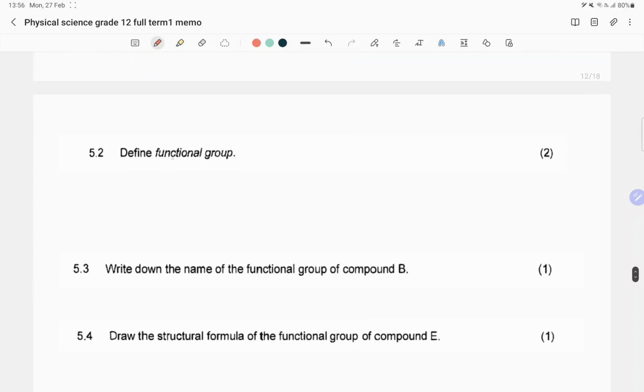Okay, now question is, what is the functional group? Functional group is defined as a bond, right? Because remember, with alkenes, what is functional for alkenes is the type of bond between the carbons in the chain, isn't it? It can be a double bond, a triple bond, essentially. It can be an atom.